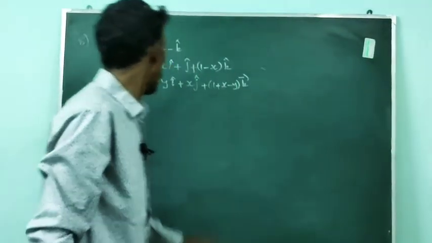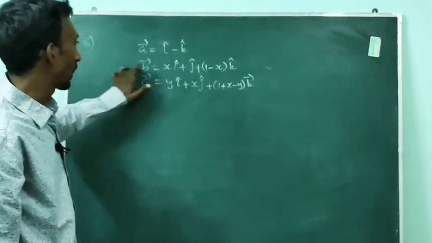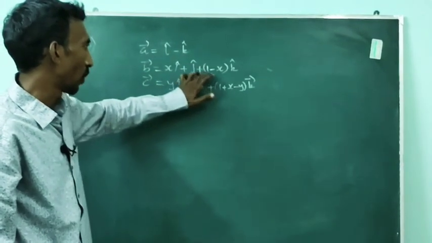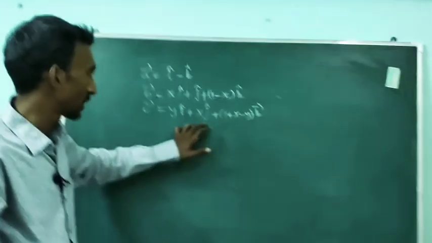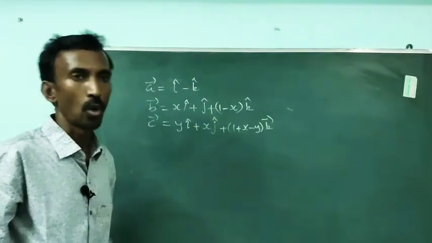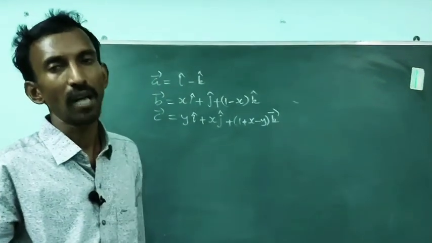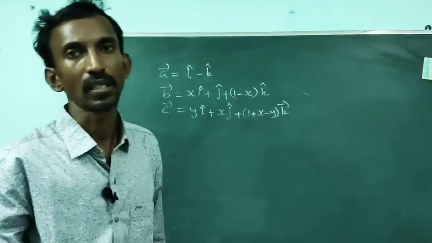If A vector equals i vector minus k vector, B vector equals x i plus j plus 1 minus x into k, C vector equals y i plus x j plus 1 plus x minus y into k, show that the box product of A vector, B vector, C vector depends on neither x nor y.